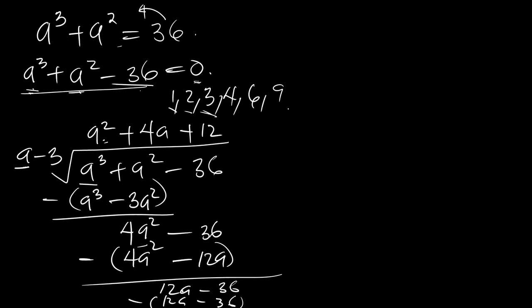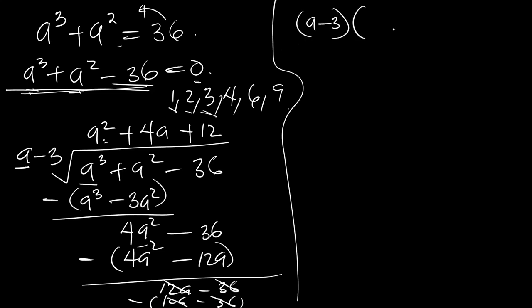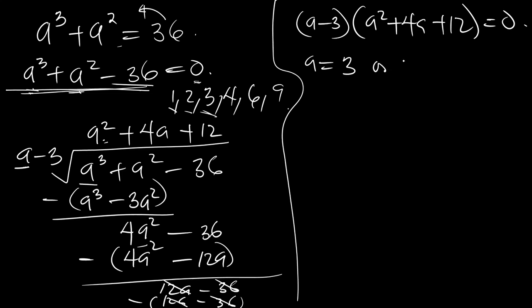So that means the factors of this expression is now a minus 3 times a square plus 4a plus 12 equal to 0. Which then means that a is equal to 3, or a square plus 4a plus 12 is equal to 0.